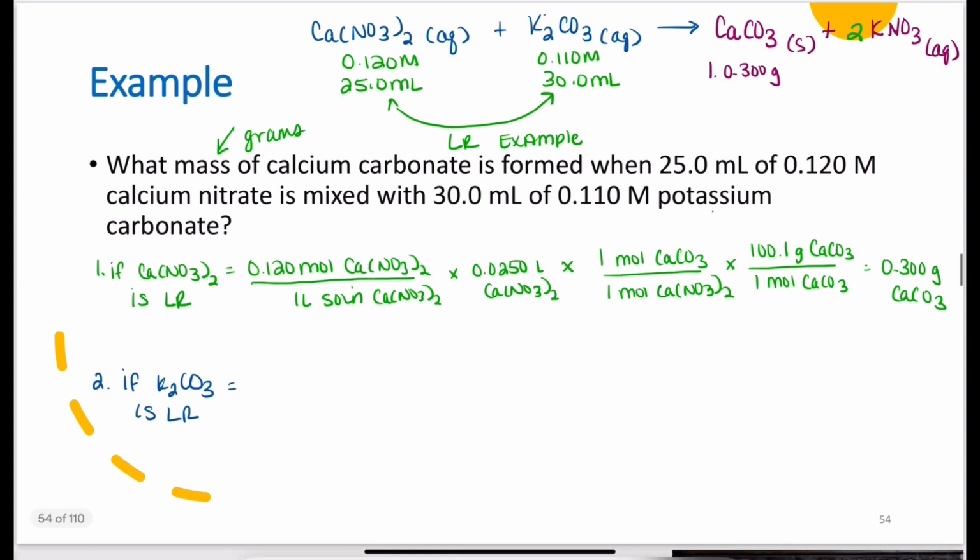I'm going to follow the same process. 0.110 moles of K2CO3 to 1 liter of solution, specifically to the K2CO3 solution. We have 30 mils, which is 0.0300 liters.